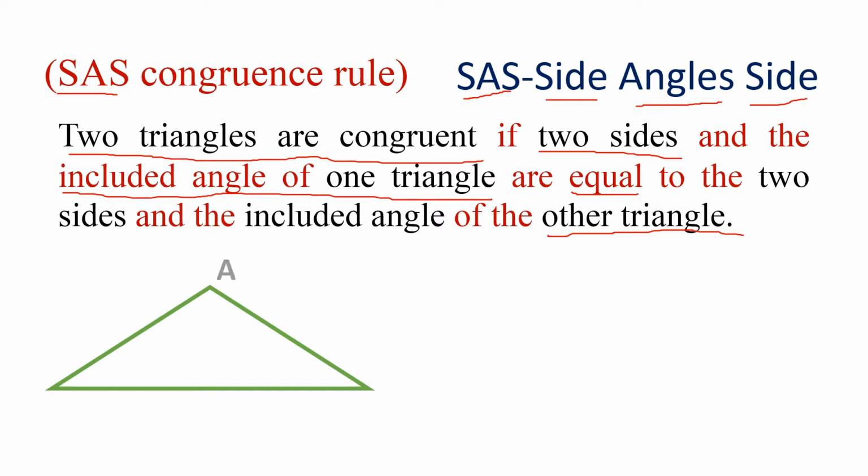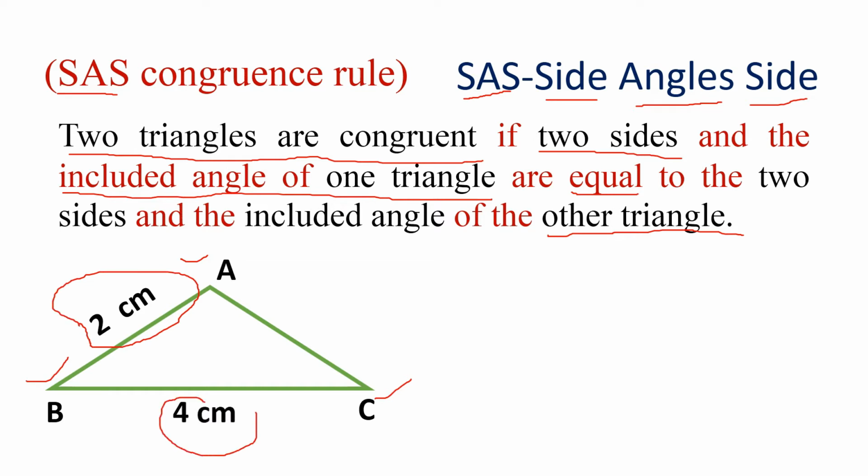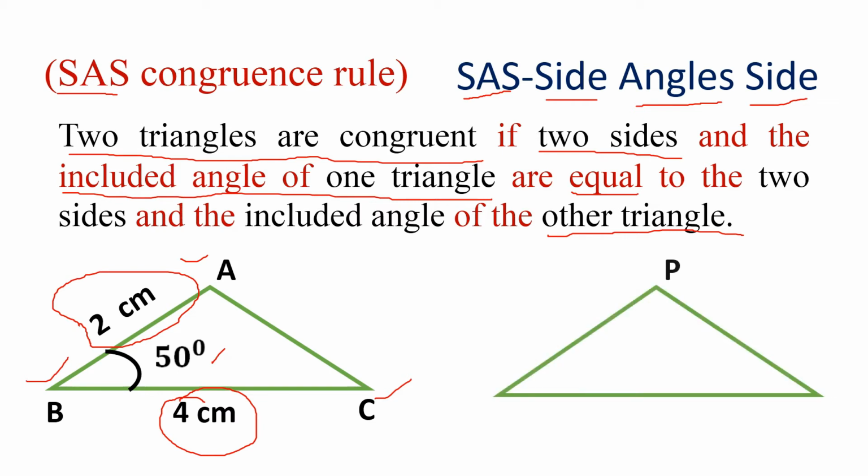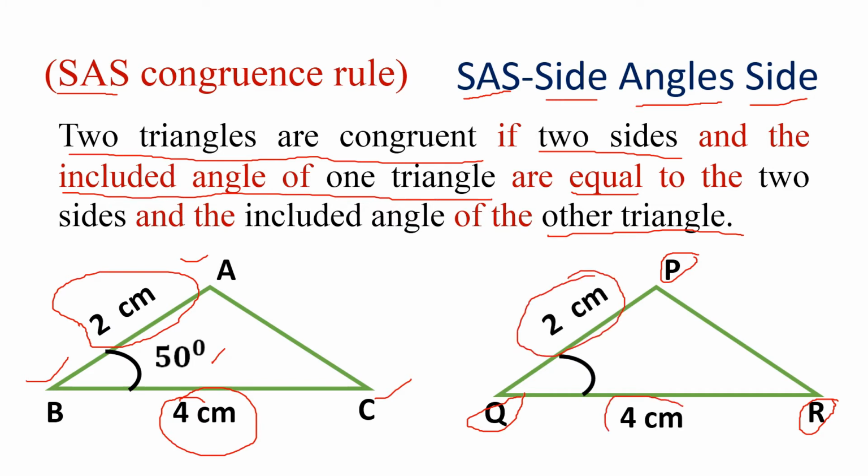First we take one triangle with vertices A, B and C, with one side 2 centimeters, the other side 4 centimeters, and the included angle 50 degrees. Now let us take one more triangle with vertices P, Q and R. Once again it has the same dimensions: 2 centimeters, then 4 centimeters, and the included angle is 50 degrees.